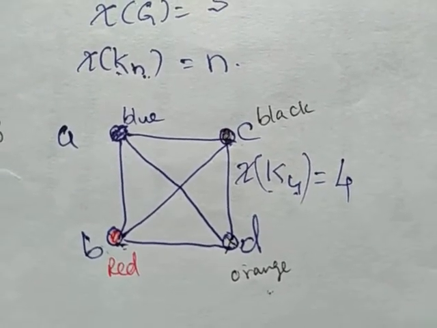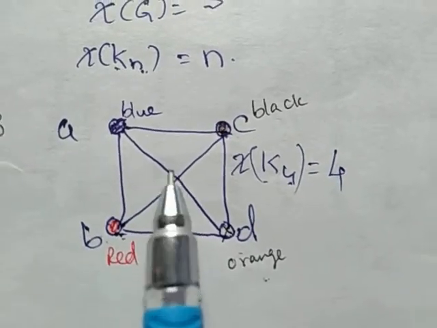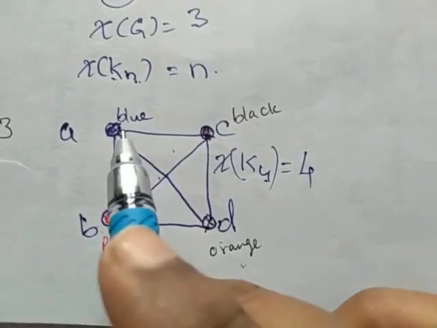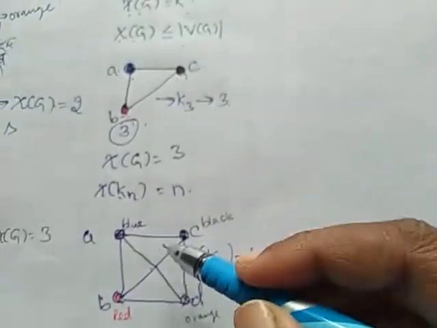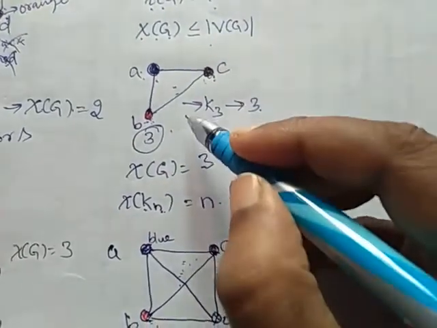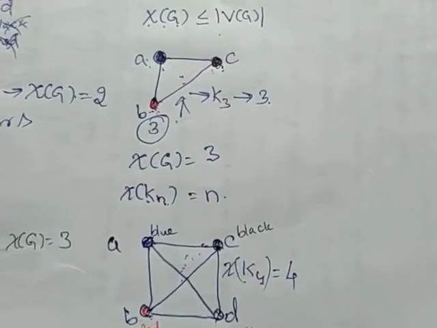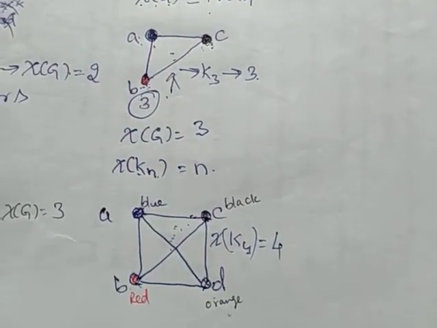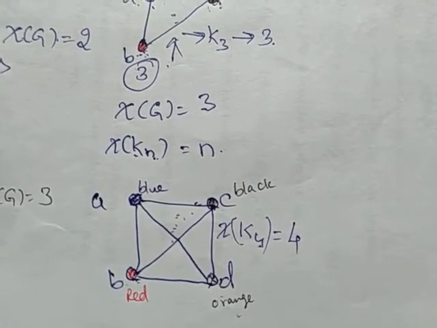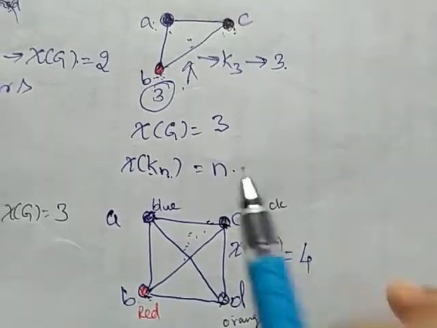If some subgraph requires k colors, this is a subgraph. If I consider a subgraph of this, A, B, C, this is a subgraph of this graph. So whenever I consider a subgraph and its chromatic number is n, obviously the chromatic number of the graph should be greater than or equal to that.